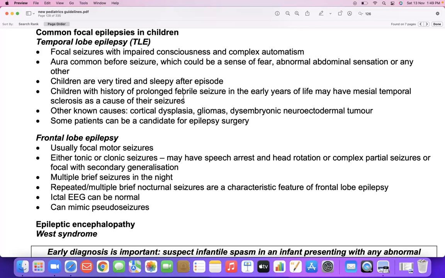And even linked to the updated guidelines, generalized includes GTC, and what is known to us, myoclonic, absence. All of this we put under the umbrella of generalized, isn't it? All of us agree on that, isn't it?